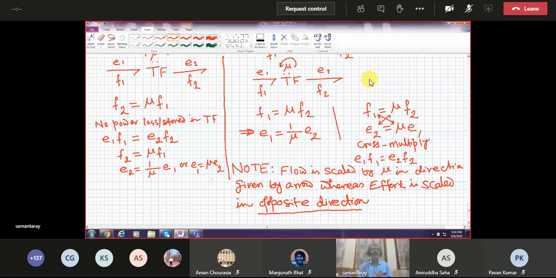And this is a very, very useful element. It is a transducer element. We have lots and lots of examples of this element. Let's see some of the transducer elements. First, the basic transformer, of course.